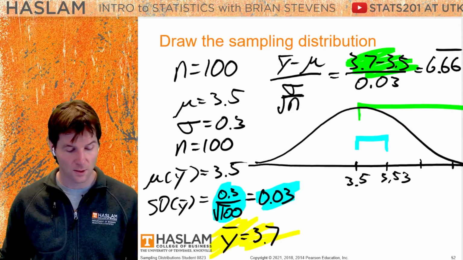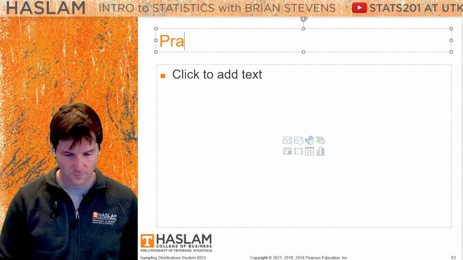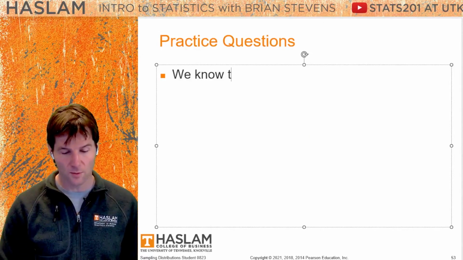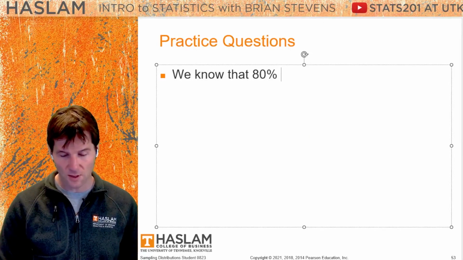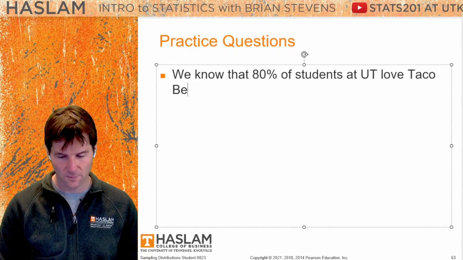Try this. Let's write 2 practice questions to finish. First off, we know that 80% of students at UT love Taco Bell.